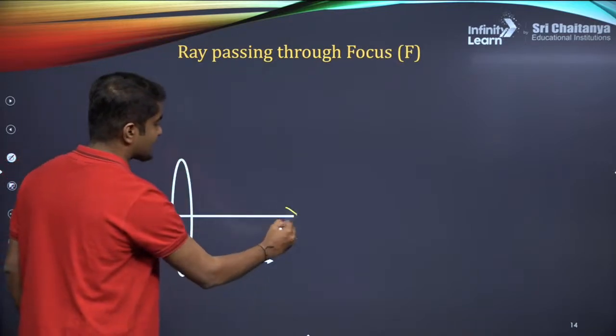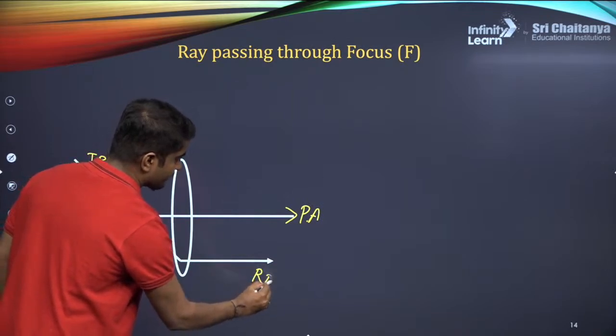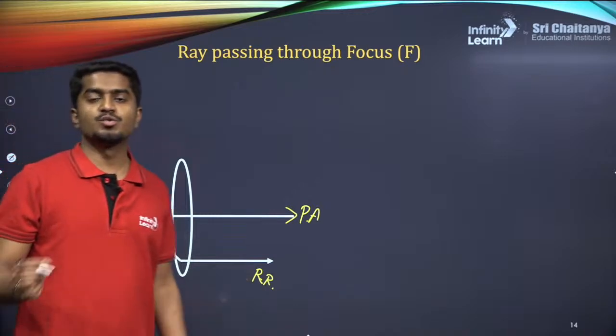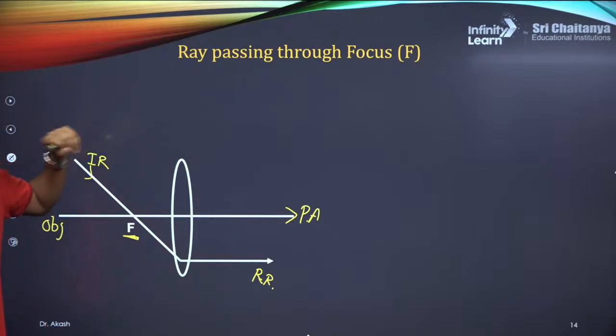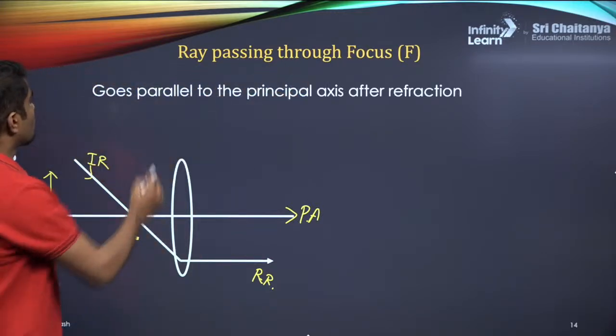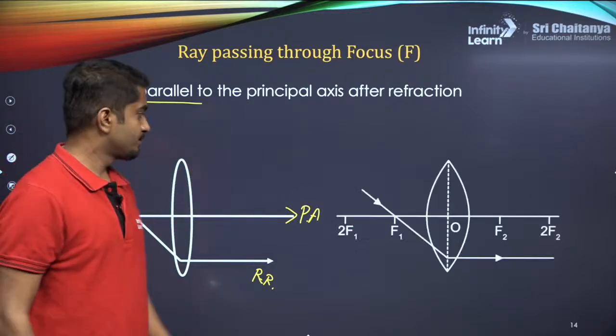This is the principal axis, and this is the refracted ray, parallel to the principal axis. This is rule number 3: a ray passing through the focus goes parallel to the principal axis after refraction.